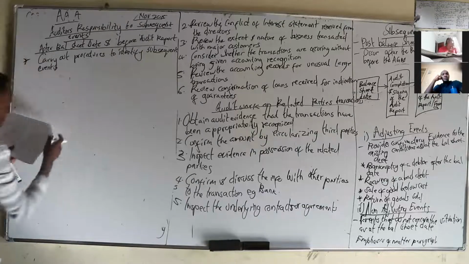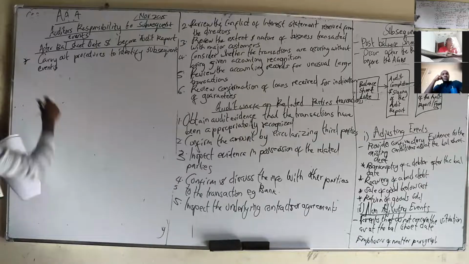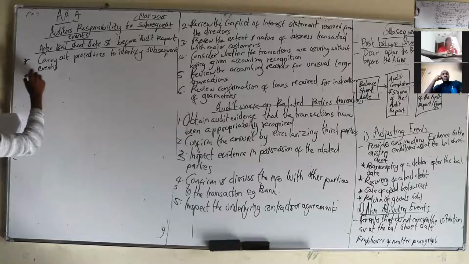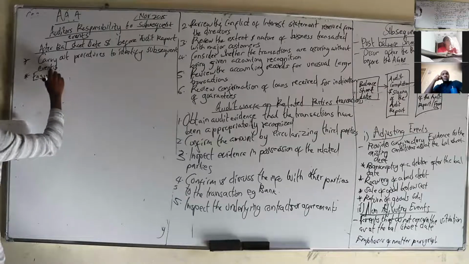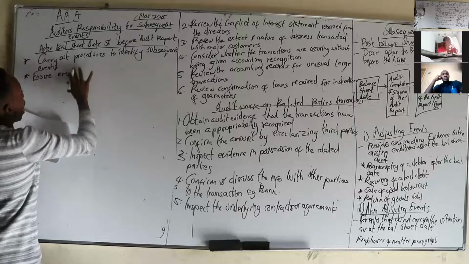Secondly, he should ensure that events have been disclosed. So that is A Roman 1 we're saying: ensure that all the events have been disclosed properly.